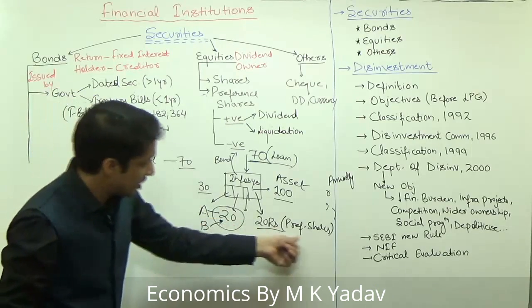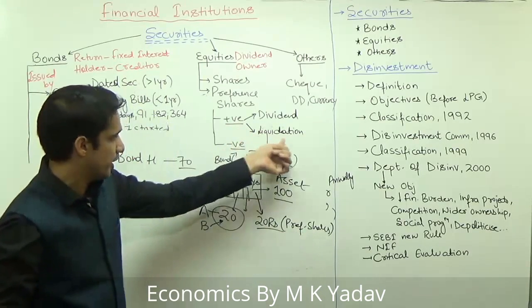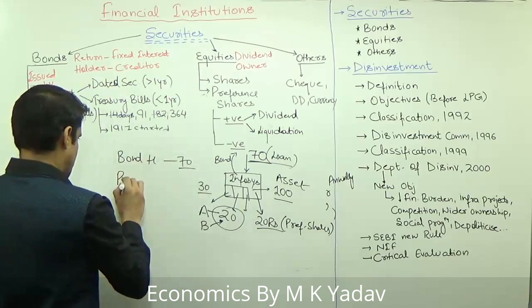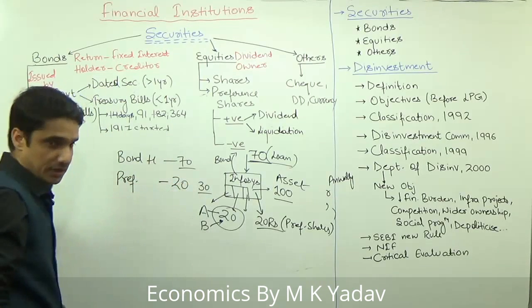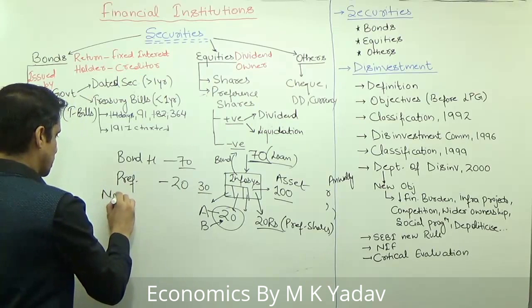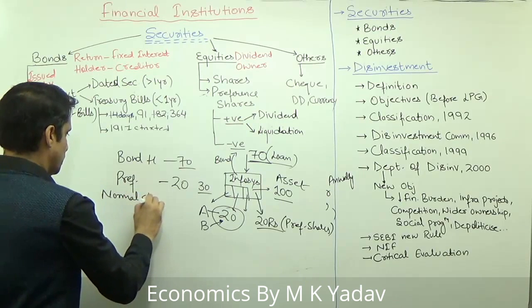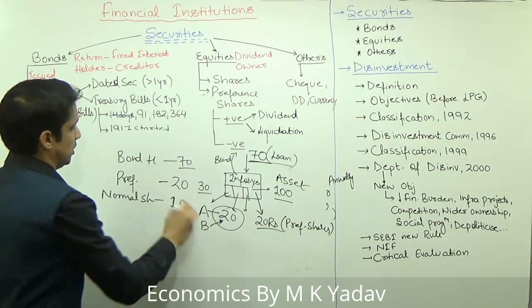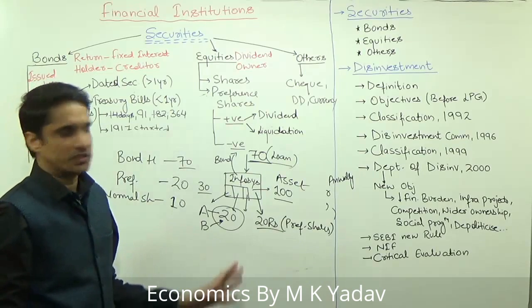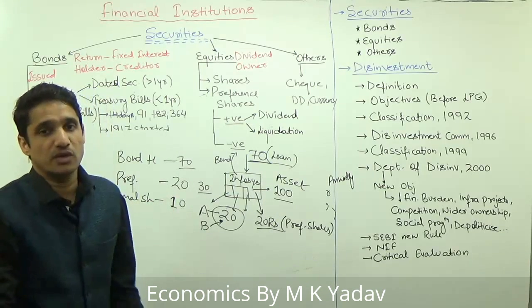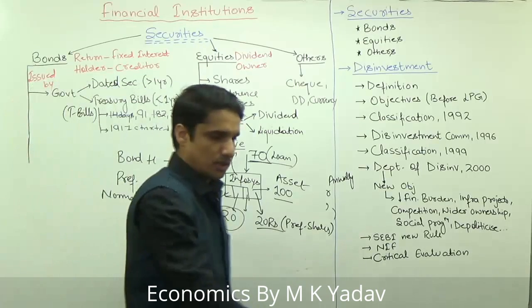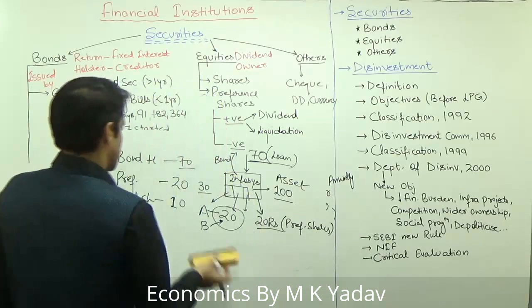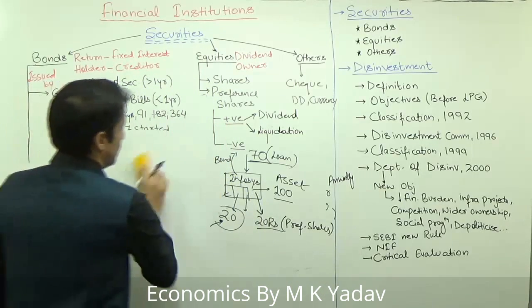Now because preference shareholders, they got preference during liquidation, so preference shareholders, they will get full 20 rupees and the normal shareholders, they will get only 10 rupees, and 10 rupees will be lost of the normal shareholder because they are the owner of the company, and if you are the owner, you have to bear the risk. That is a very common thing.